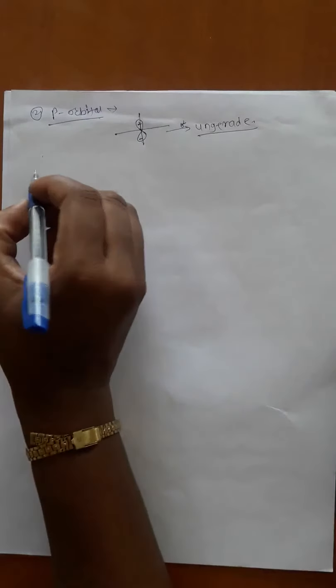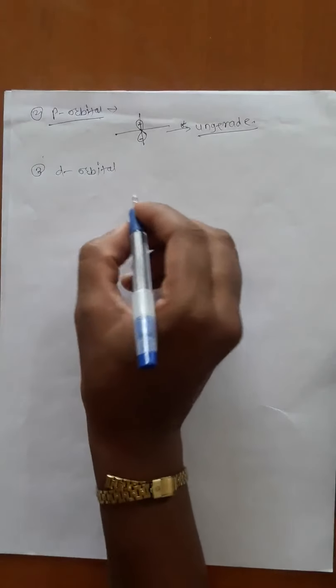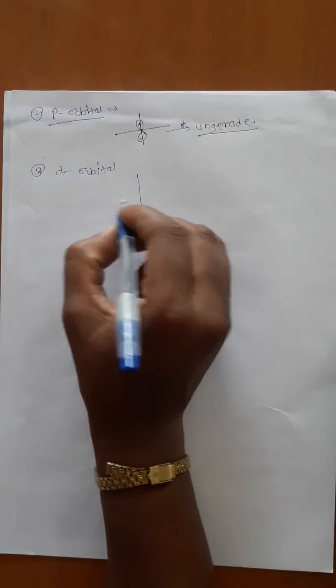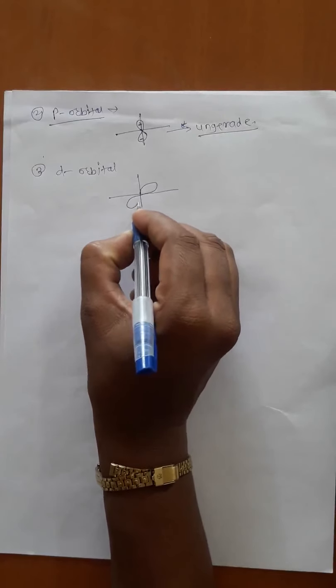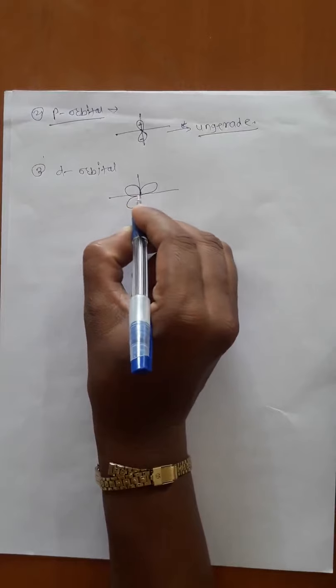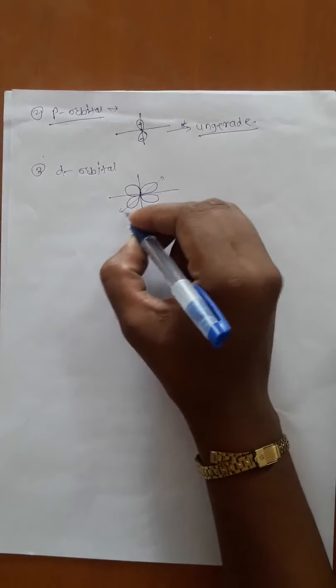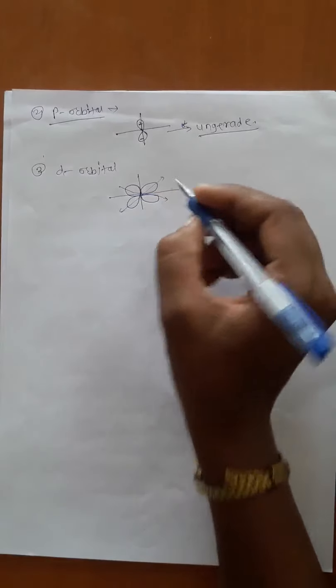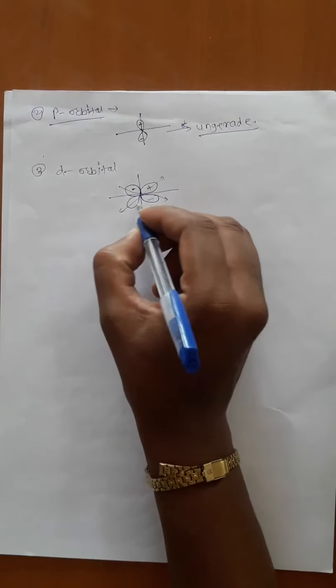Okay, suppose the d orbital. The shape of the d orbital is the double dumbbell. This will be minus, plus, minus, plus.